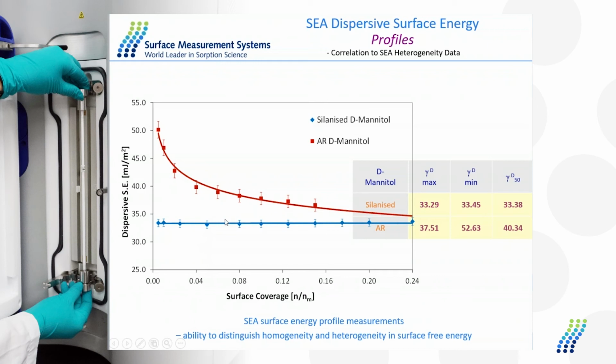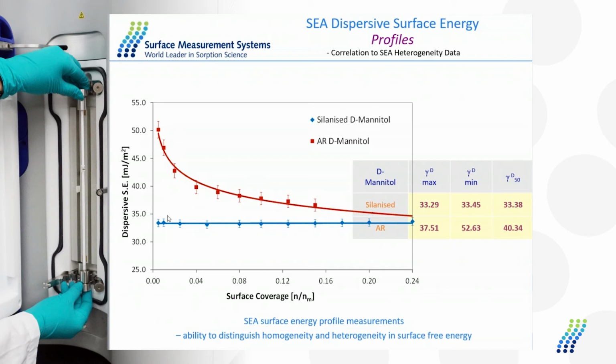If you've seen some SMS seminars, you might have seen this data before, but it's a classic example that shows how just changing the surface chemistry of a material can change the surface energy significantly. So we have two different powders. This is an as received mannitol, and we can see the as received mannitol is energetically heterogeneous, with surface energy values ranging from 50 down to about 40 millijoules per meter squared.